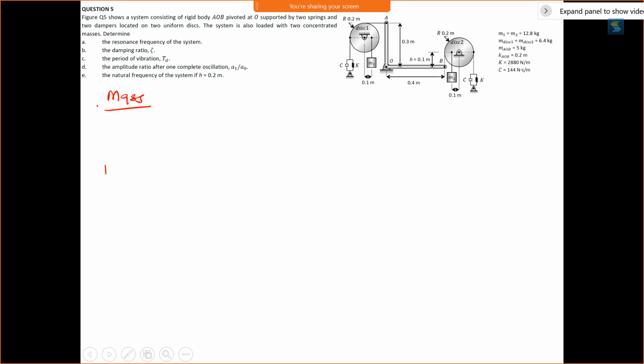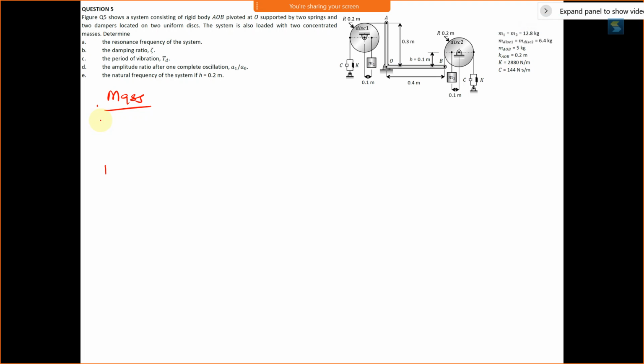What does it mean? What is KOB? Gyration. Alright, so yes, KOB adalah radius of gyration. So maksudnya dia bagi dalam in terms of radius of gyration.